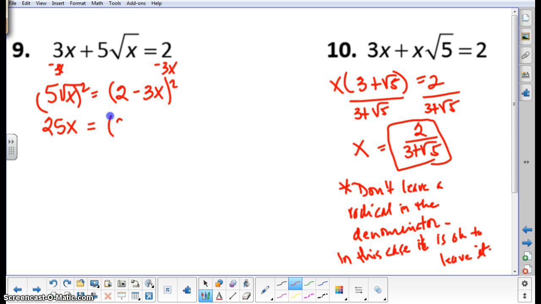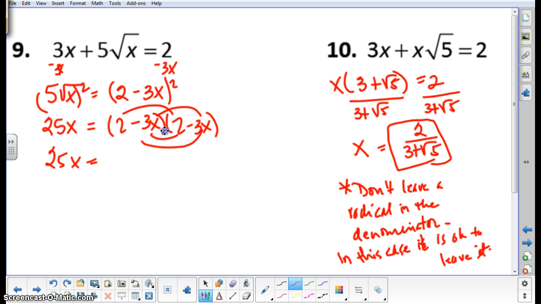And then we've got to put this one side by side and FOIL it out. 2 times 2 is 4. 2 times negative 3x, actually we've got 2 of those, positive 2 times negative 3x, positive 2 times negative 3x. So that is a 12x. And then negative 3x times negative 3x is 9x squared.